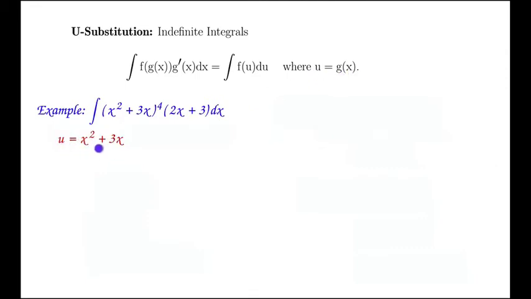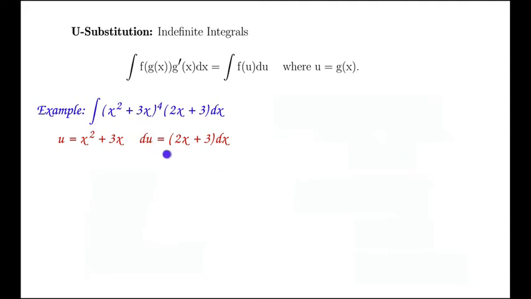So if we let u equal x squared plus 3x, in order to complete this, we have to figure out what du is. So this is where we use the differentials we talked about before. To find du, we take the derivative of x squared plus 3x, which is 2x plus 3, and we multiply that by dx. Remember, we need balanced differentials.